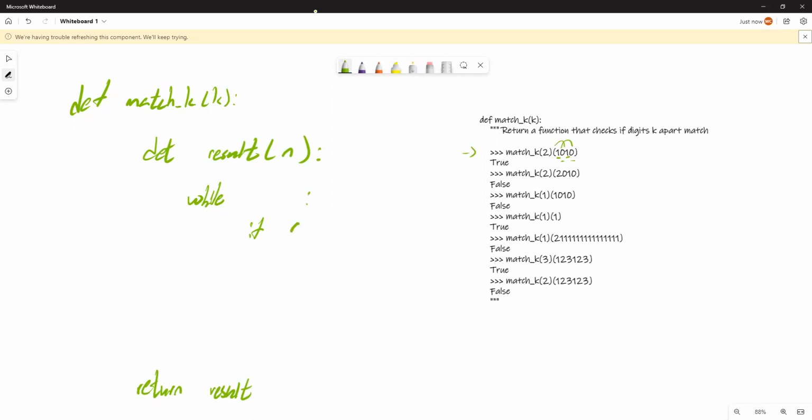So if n % 10 is not equal to n divided by 10 to the k power, % 10, we return false.